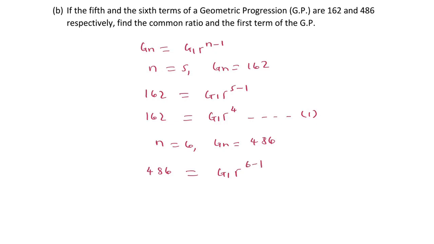Let us solve the exponent. Then our equation is going to be 486 equals G1 R power 5. And we are going to call this equation number 2.